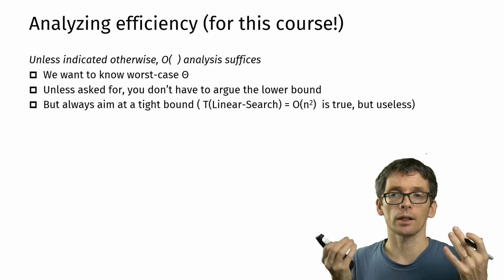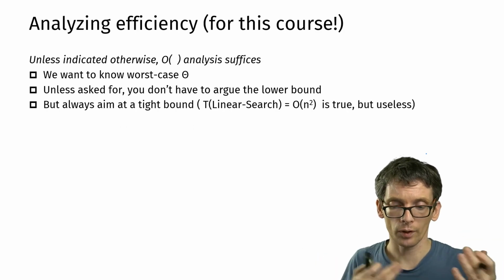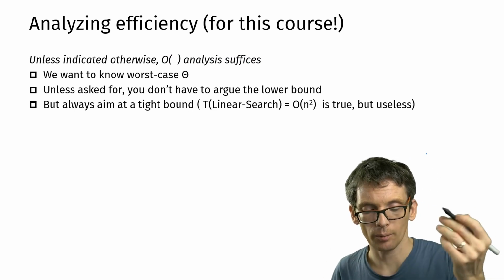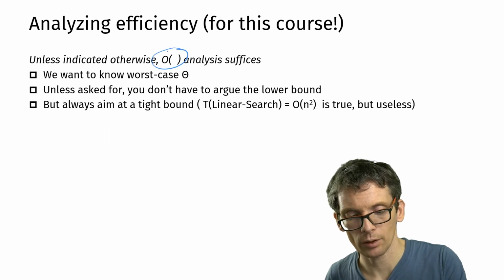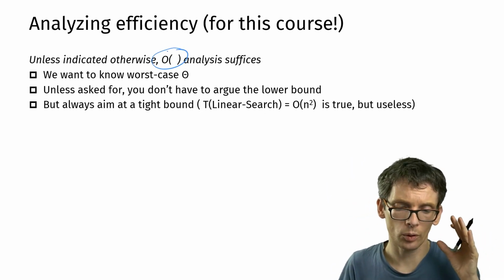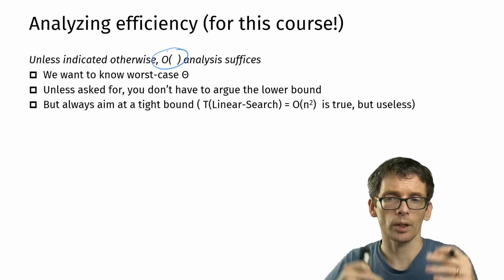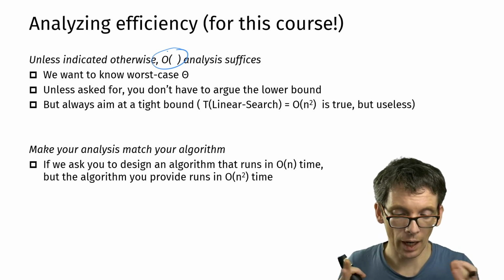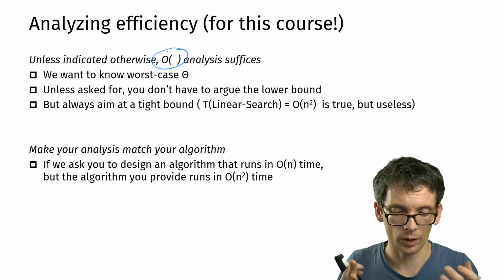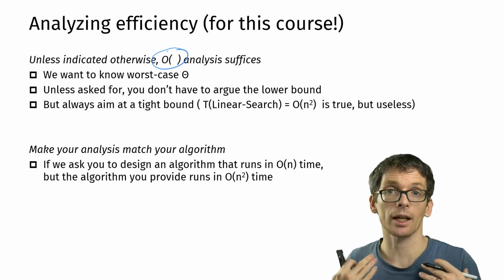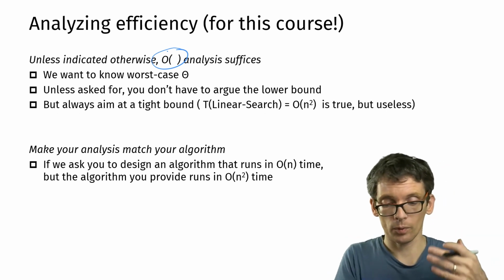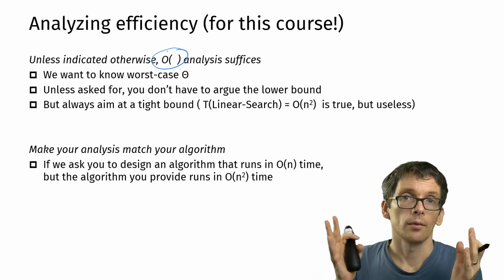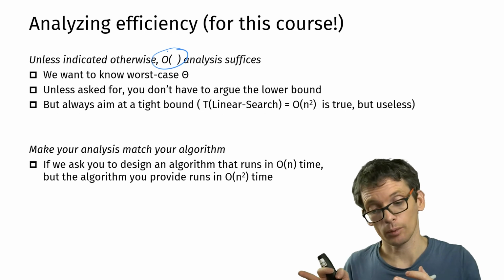And we've seen how to analyze with O's and thetas and sometimes omegas. And again, what I just said a couple of slides ago, very often we're going to use O because very often we just want to make sure that we have an upper bound. When you're asked to give an algorithm with a specific running time, let's say I ask you, give an algorithm that runs in linear time and solves the following problem, make sure that the analysis fits your algorithm.